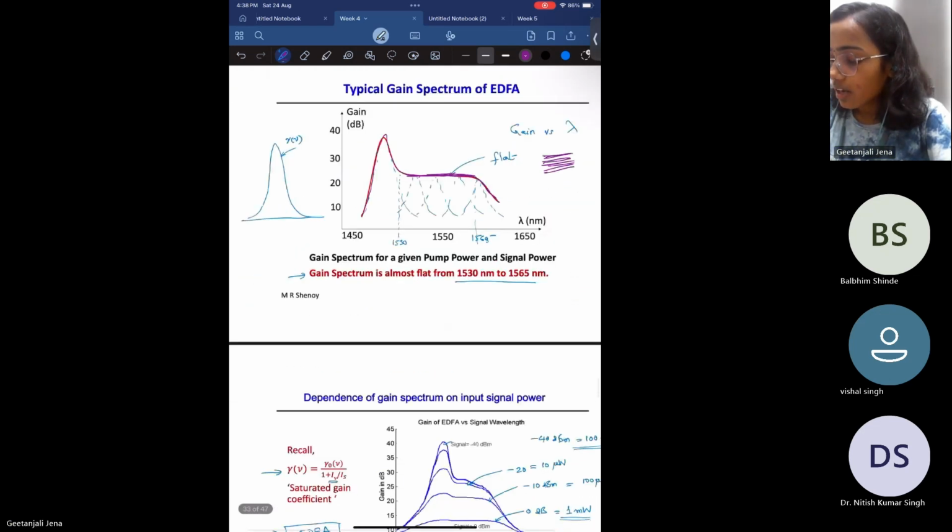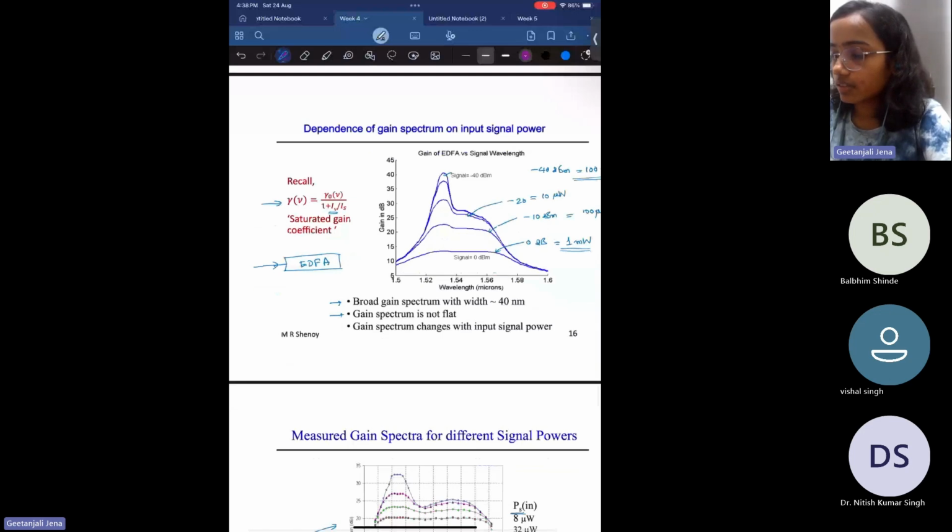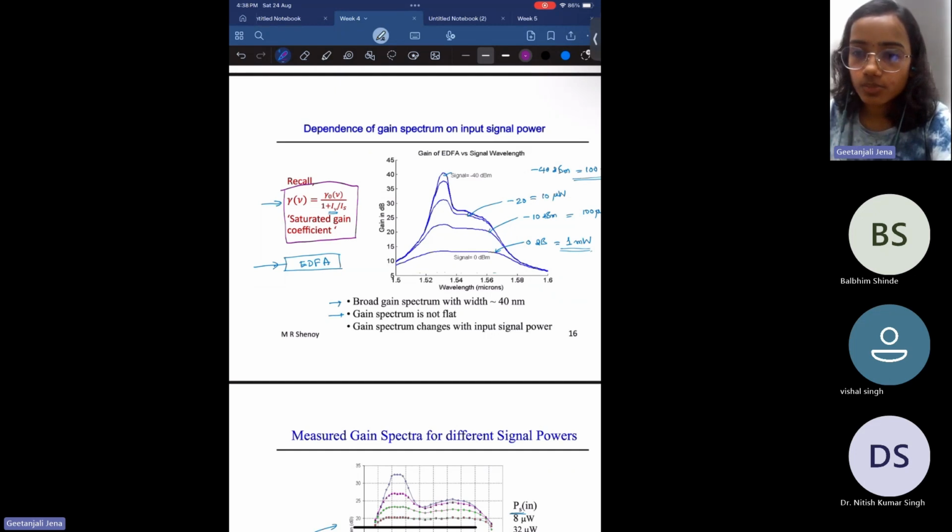And this is how the gain curve varies with respect to the input signal power. Initially we've seen one formula, that is how the saturated gain coefficient varies with respect to the intensity. It is gamma nu equals gamma 0 divided by 1 plus I nu by I s.